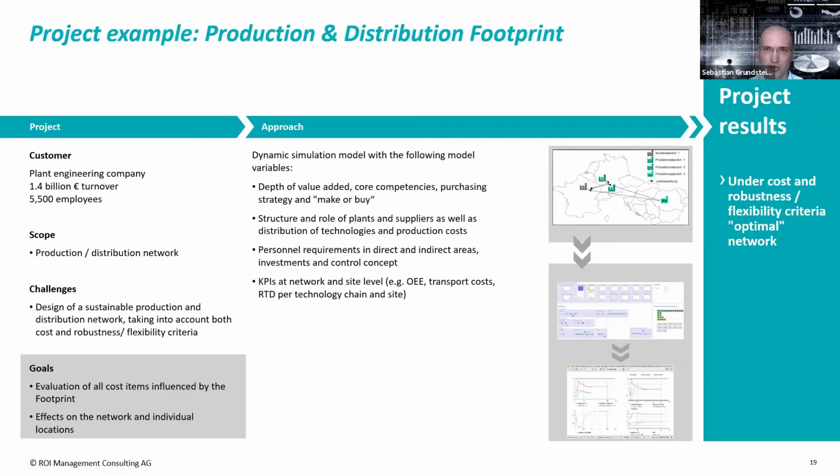They have learned from the crisis of 2008-2009 and they put particular emphasis on having short ramp-up curves for breakdowns and short delivery times. In that case we also modeled all the factors that influence cost, and transport, personnel, invest, and so on. But we also modeled robustness and flexibility of the network and defined criteria for that, which we examined under realistic conditions.